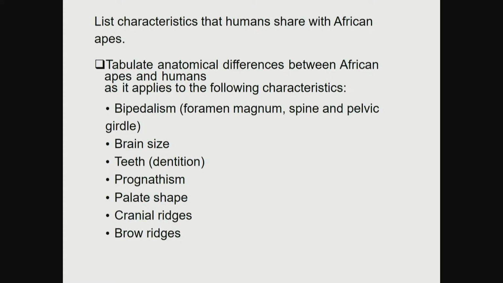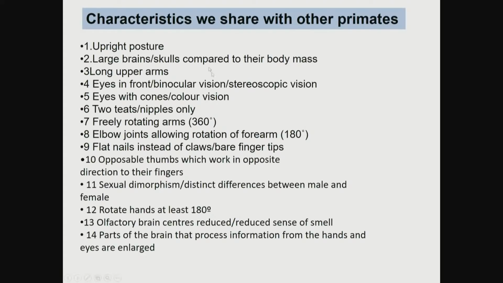Right. Then, list characteristics that humans share with African apes. Also, tabulated differences. Typical questions. Favorable questions, questions that we always ask. So there's the list of characteristics. Please make sure the learners know the whole list, not just 3 or 4, because they can ask only on the characteristics of the eyes or the long upper arms.